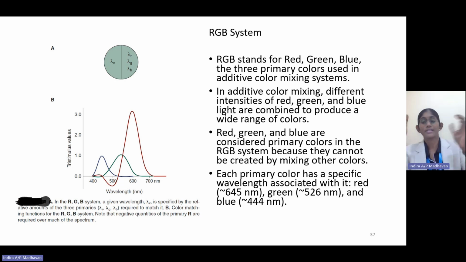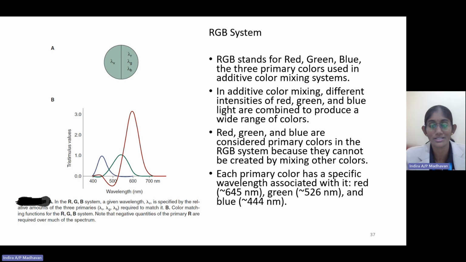The experiment was conducted, and they came out with the first system, which is named RGB. It stands for the red, green, and blue system, and these are the three primary colors used in additive color mixing.